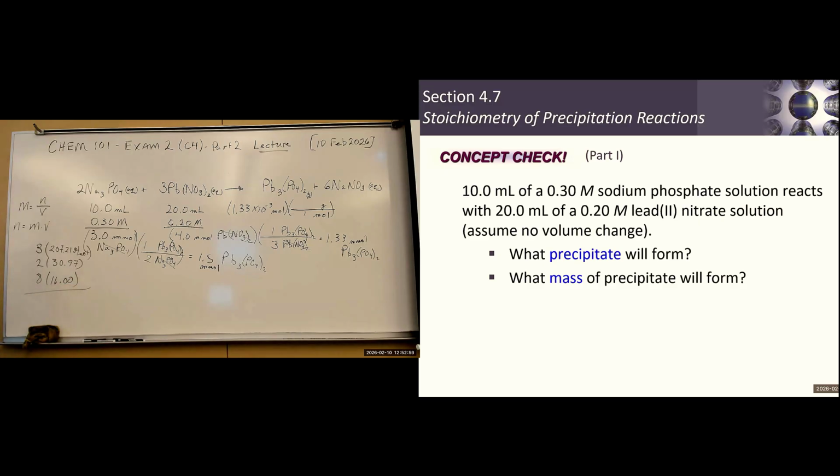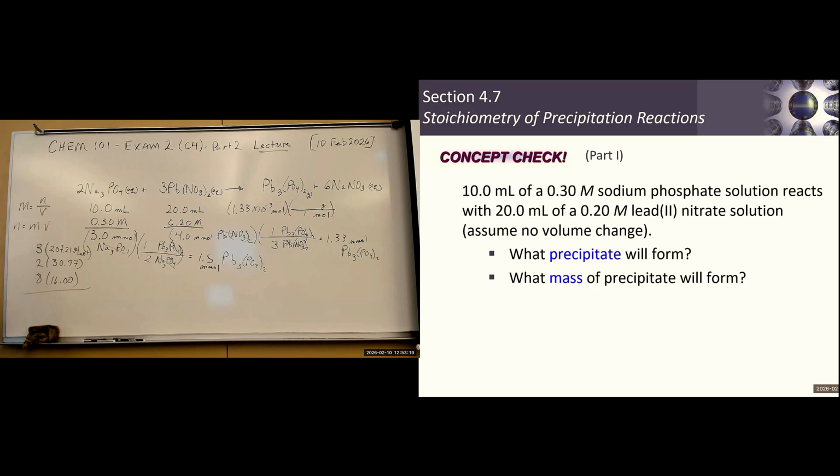Now we can add those together. Let's see. I'm not going to tax my brain. I'm just going to use my calculator. So this one's 128. And then 30.97 times 2 is 61.94 added on to that.